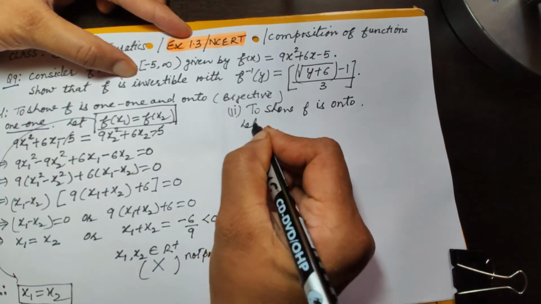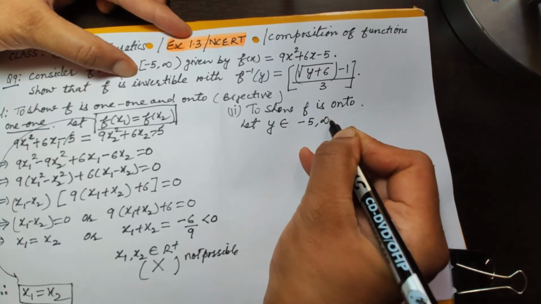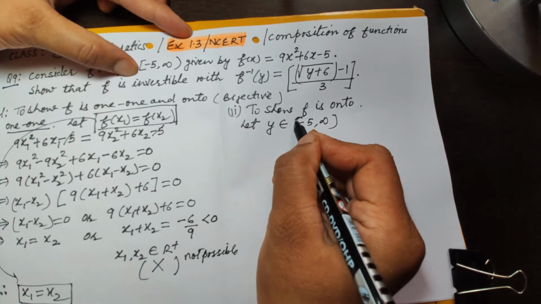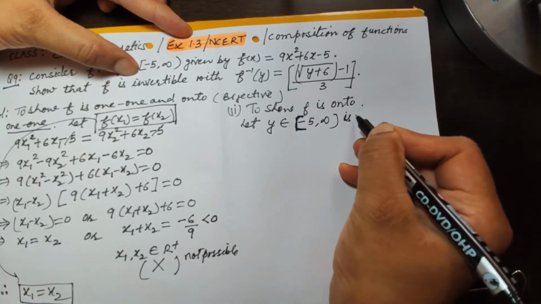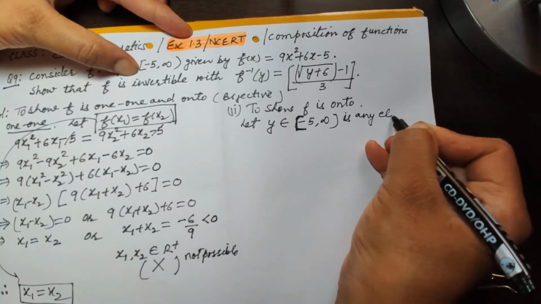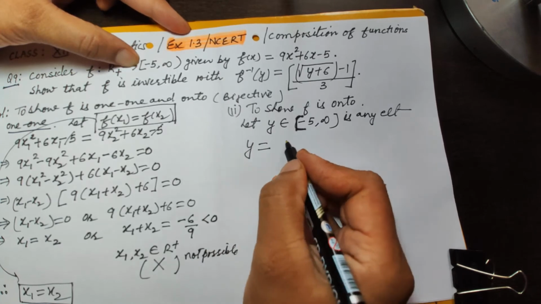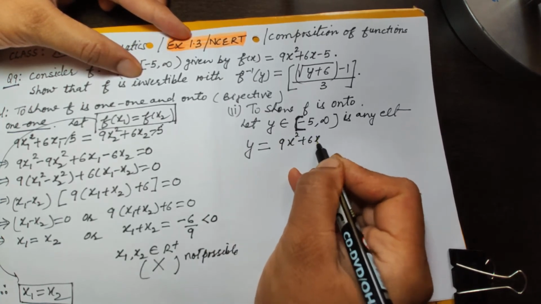Select any point. Let y belong to the closed interval minus 5 to infinity, any element. Let, if possible, y be written as 9x square plus 6x minus 5.